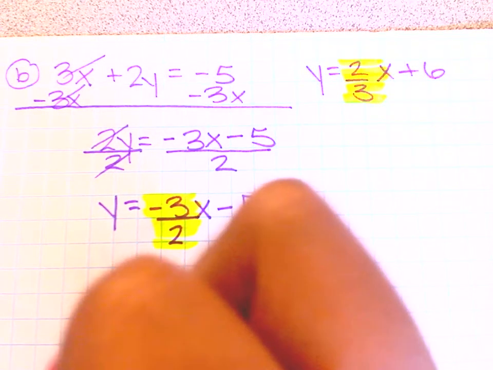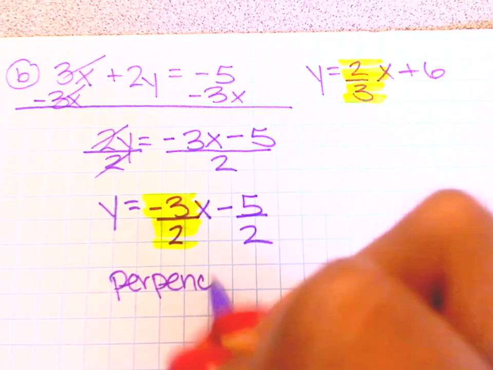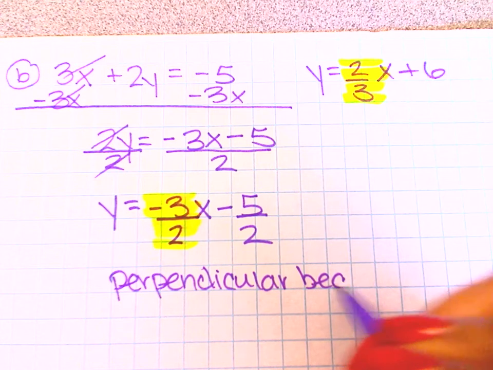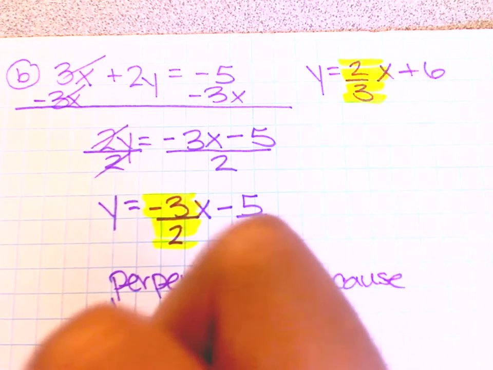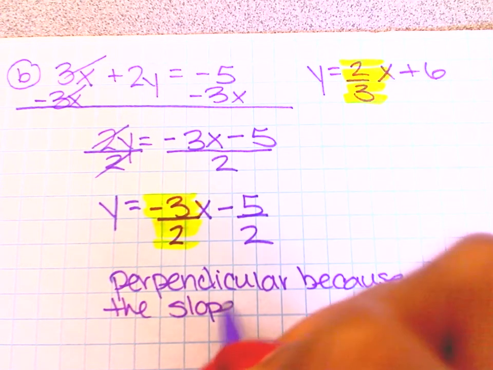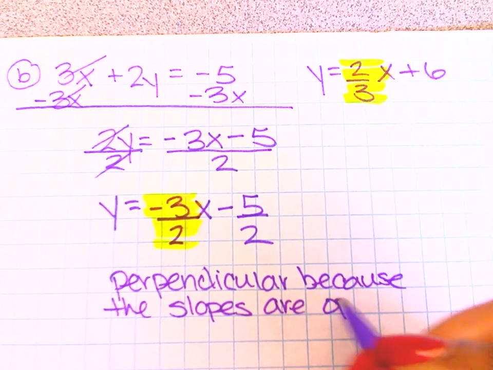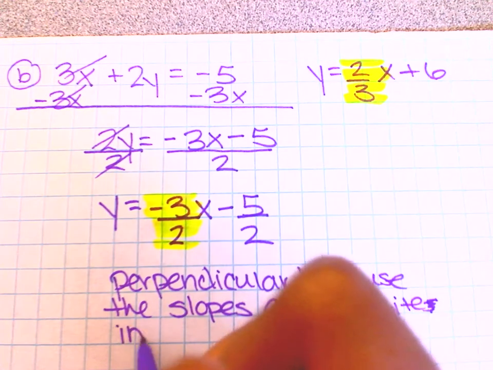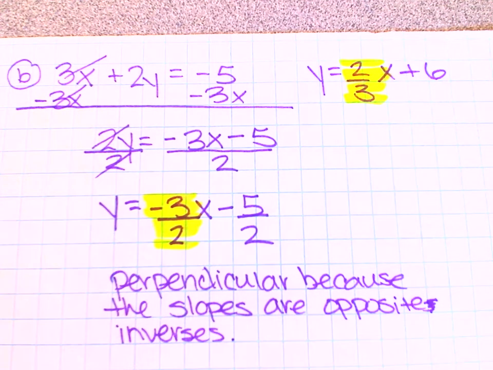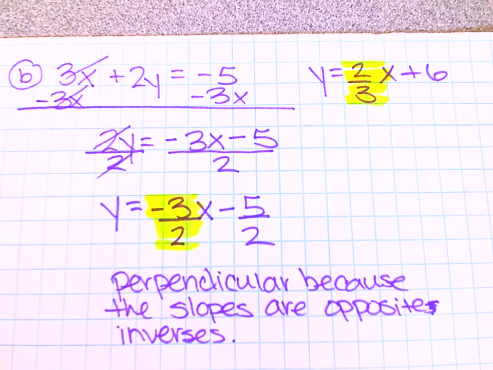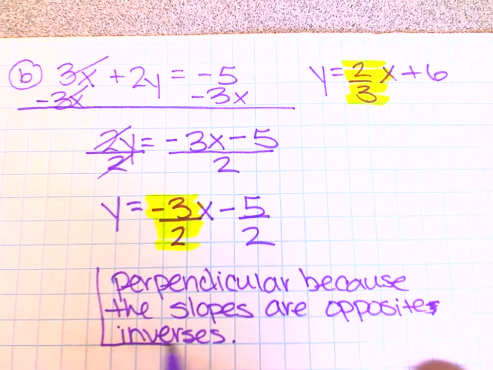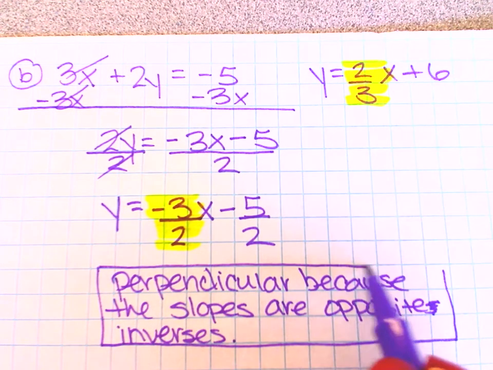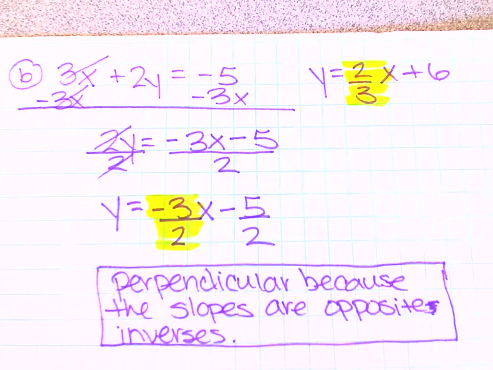I know that it's perpendicular because the slopes are opposite inverses. Perpendicular because the slopes are opposite inverses. One's negative, one's positive, one's 3 over 2, one's 2 over 3.